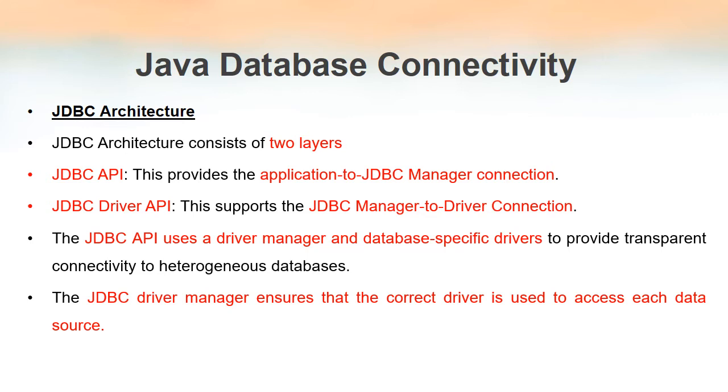So we have two layers: the JDBC API and the JDBC driver API. The JDBC API connects our program with the manager, and the JDBC driver API helps the manager to detect the correct driver to access the database.